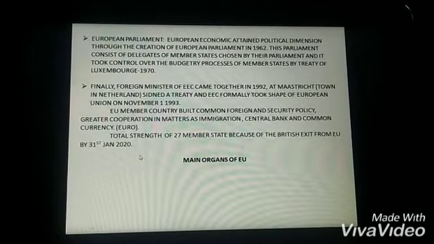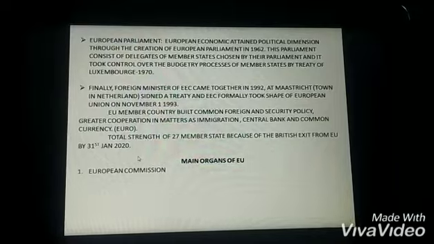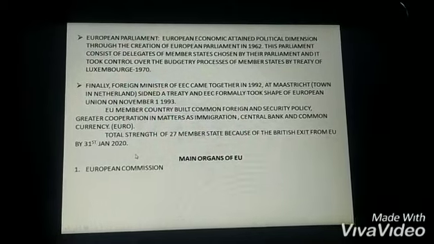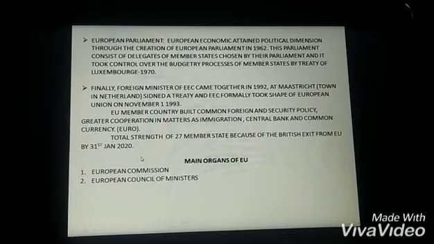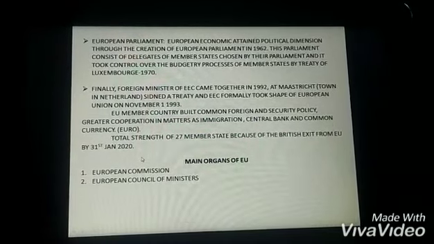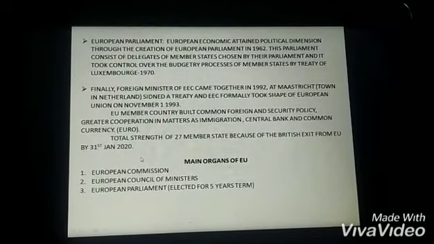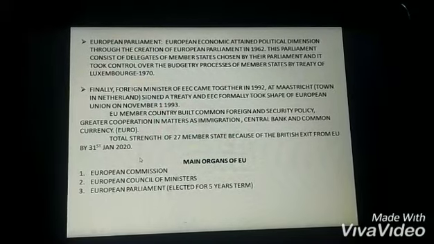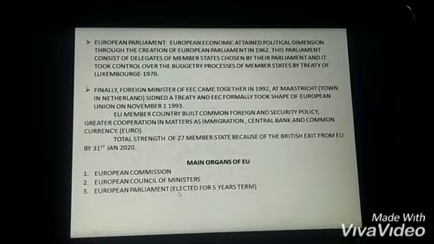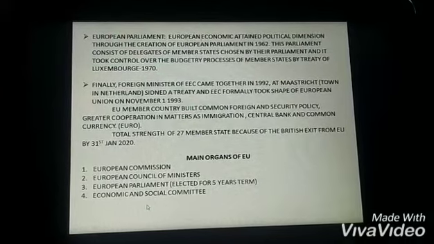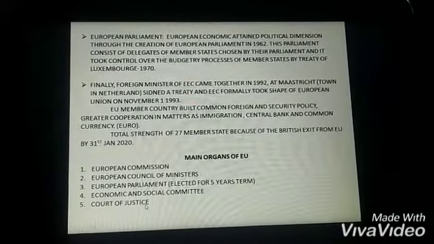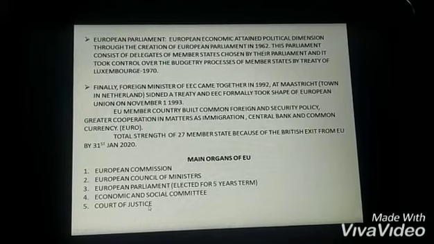Let's see the composition or the organs of the European Union. The first one is the European Commission. It is composed of the European Commission, the European Council of Ministers, and then the European Parliament. This Parliament is elected for 5-year terms. Then the Economic and Social Committee, and they also have a Court of Justice.